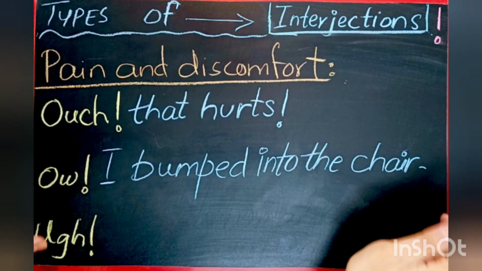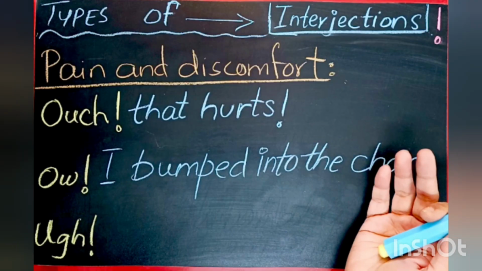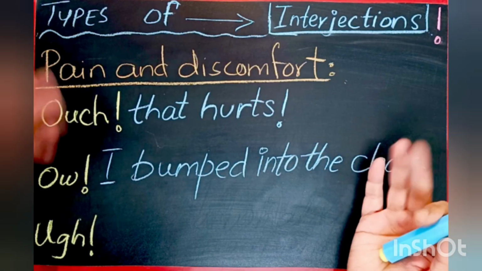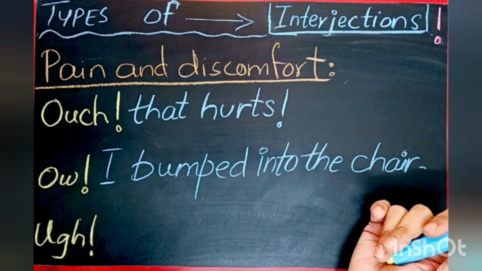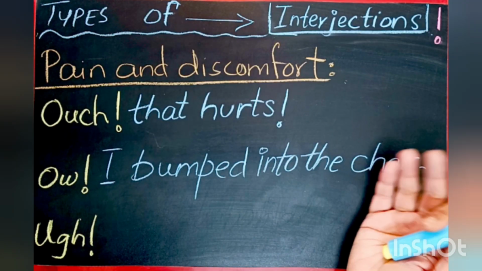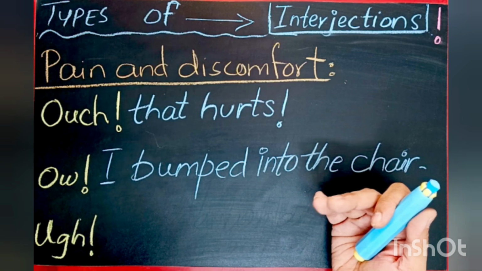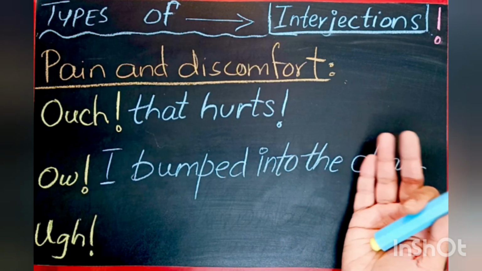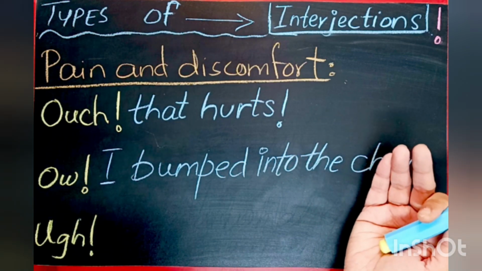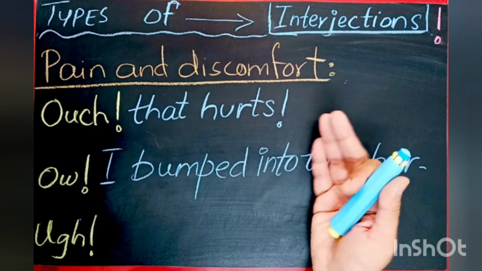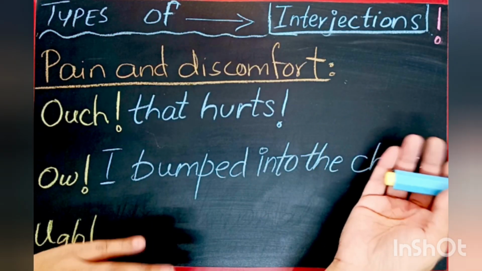So we have done the type of interjections that shows joy and excitement, and we have also done the interjections which show excitement or shock in negative and positive situations.